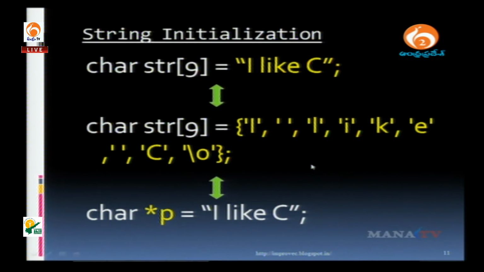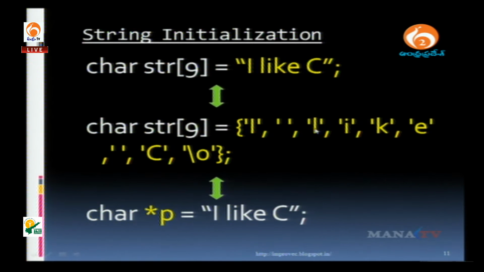Just look here. "I like C" is represented like this internally. I, space, this space is also treated as one character here. L, I, K, E. Again space is there, blank space is also treated as one character. Next C, \0.